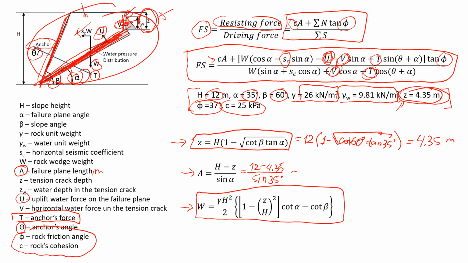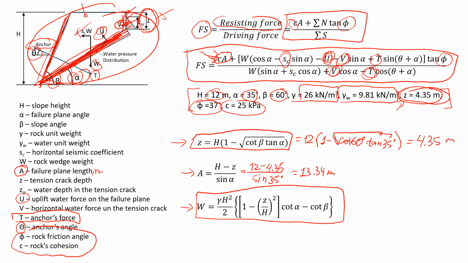That will give approximately 13.34 meters. So why do we need to know that? It's because we are going to apply the cohesion here. You see, that's very important. The cohesion of the rock mass is acting along this failure plane, so along the whole 13.34 meters.